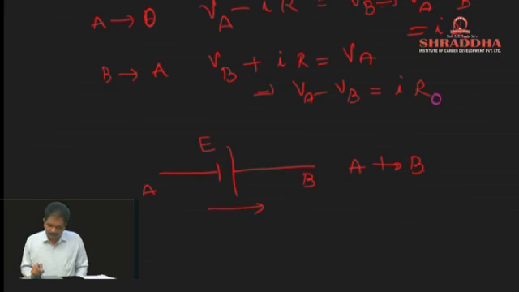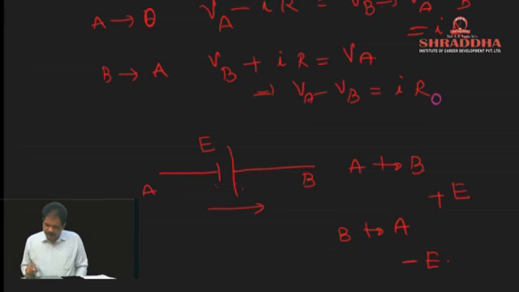Here this is negative, this is positive, low to high, then we can write its EMF as plus E. If we are moving from B to A, it means we are going from positive to negative, high to low. So its EMF we have to write as negative.